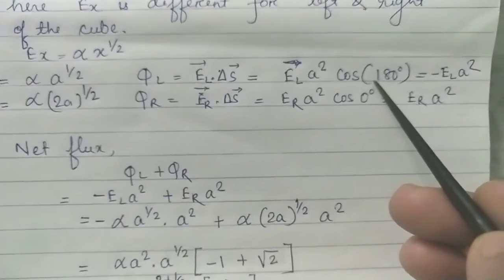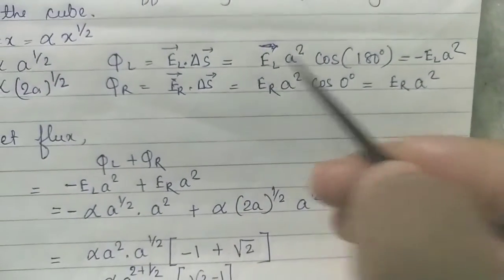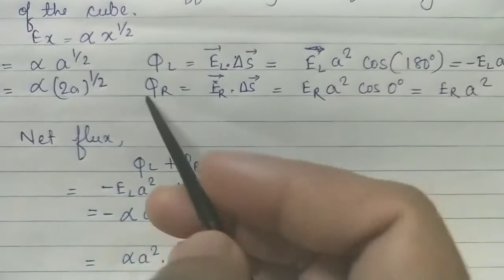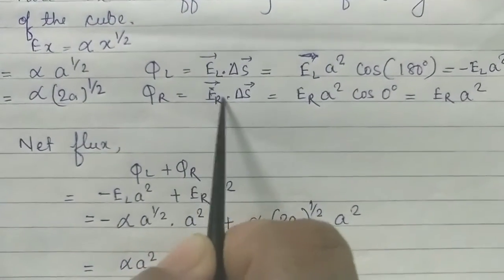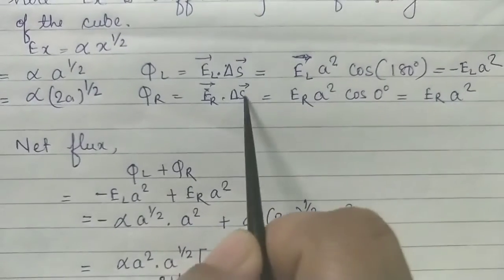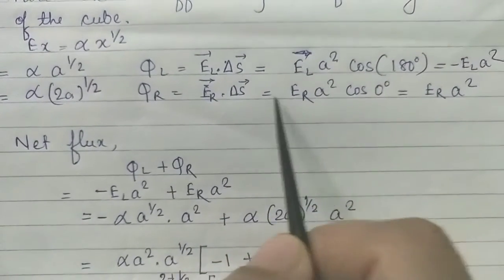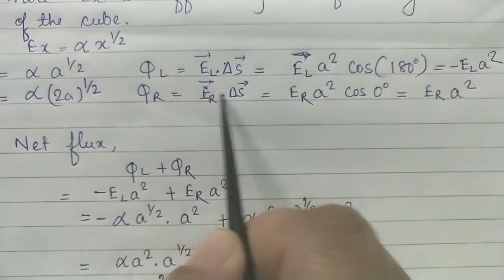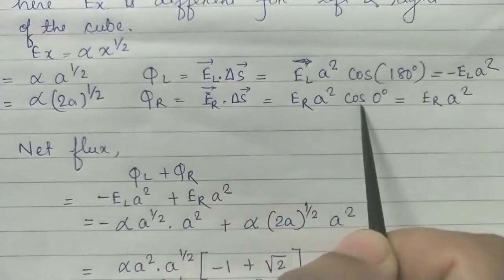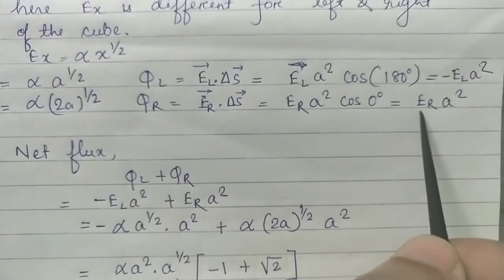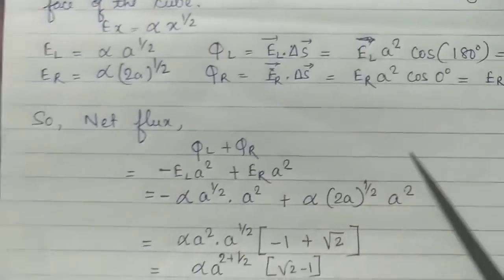Cos 180 is minus 1, so it will be minus E L a square. For the flux through the right face, E R del S, the area is again a square, then the angle between the electric field and the area vector is 0, cos 0 equals 1, so we got E R a square. Very good.